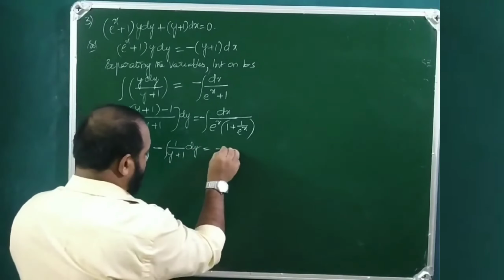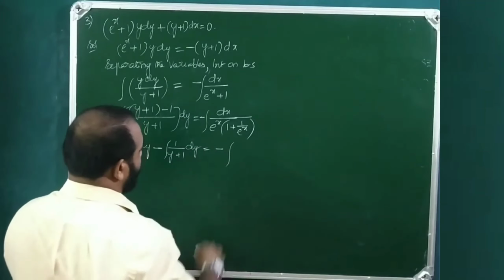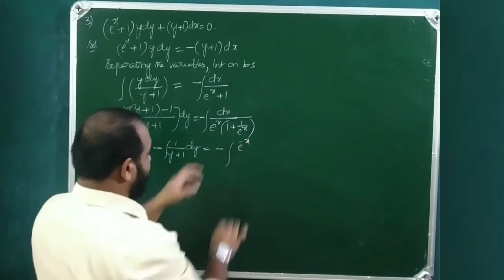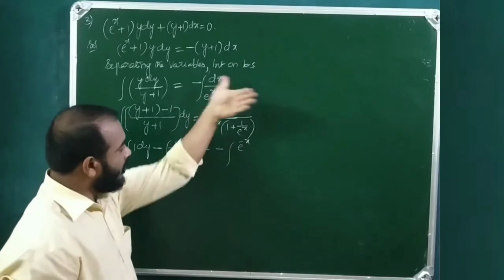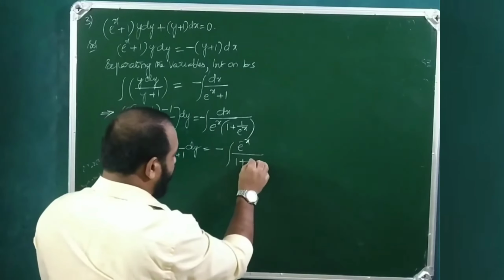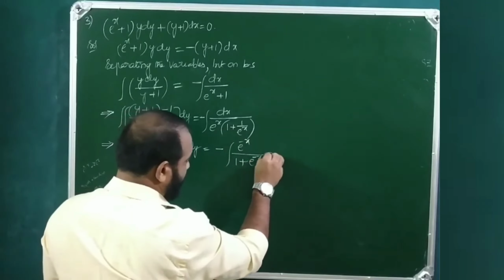This is equal to minus, this is 1 by e power x, which is e power minus x. 1 by e power x is e power minus x, by 1 plus 1 by e power x, again e power minus x dx.